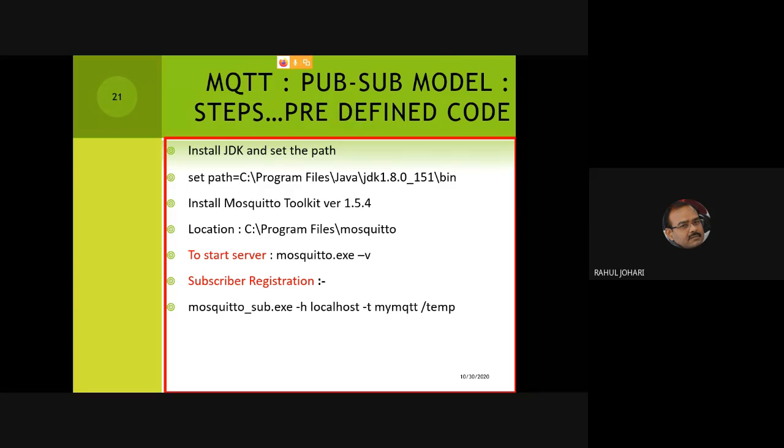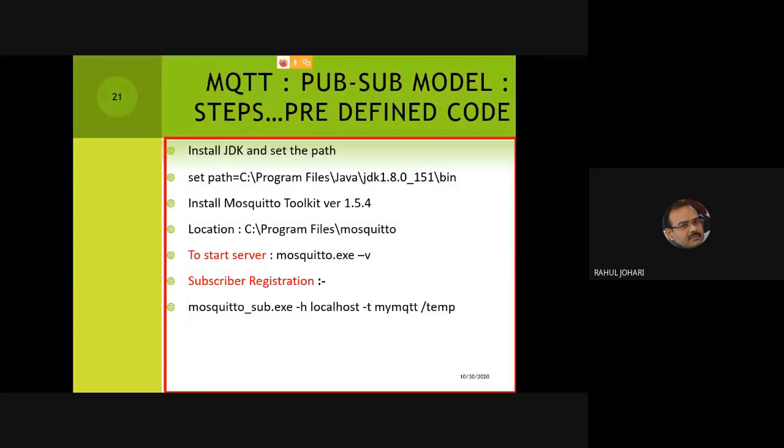I have not written my own code for this particular program. It's predefined code. I've just downloaded the Mosquito toolkit version 1.5.4 from the web. The only preliminary requirement is the JDK. So those of you who have got a JDK on your system, I will share this so you can do the same thing on your machines also.